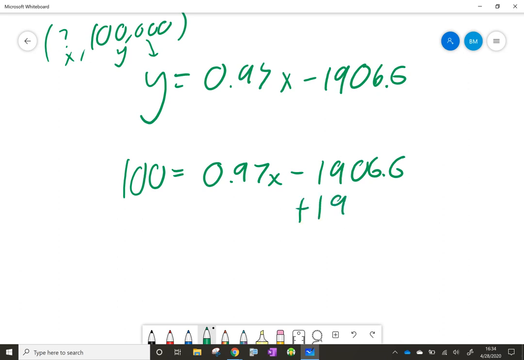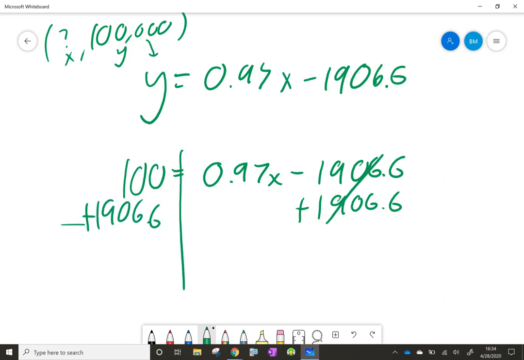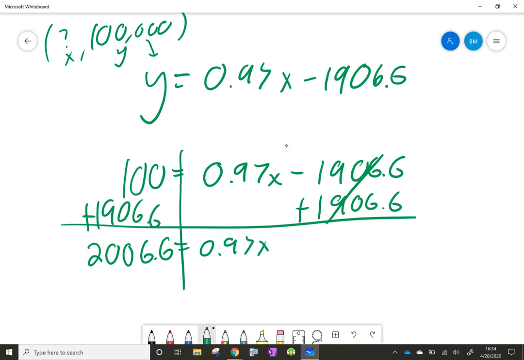So that's simple enough. We'll add 1906.6 to both sides in order to cancel it out. So that's going to leave us with 2006.6 equal to 0.97x. And now we'll divide by the 0.97.